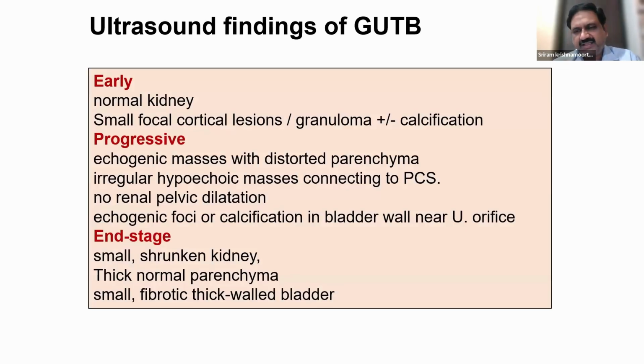Please remember that the parenchyma need not be thinned out in all these individuals. There is a possibility that the parenchyma may be thick also, because the pathology is at the level of obliterative endarteritis. The actual pathology is obliterative endarteritis, which occurs at the level of the interlobular artery. The interlobar arteries on the major calyces branch out to each of the minor calyces as interlobular arteries.